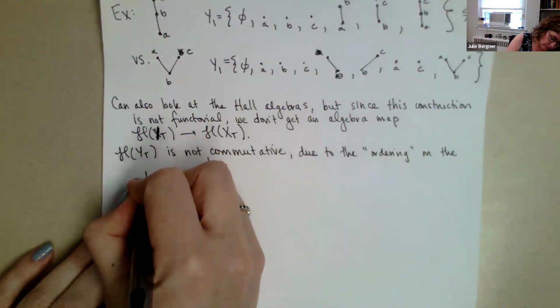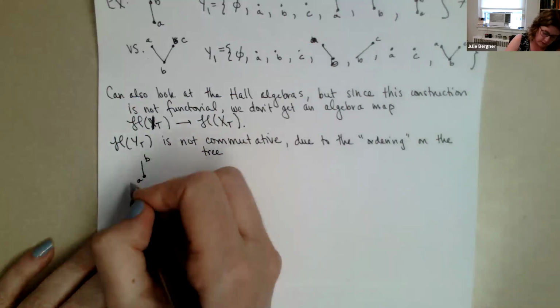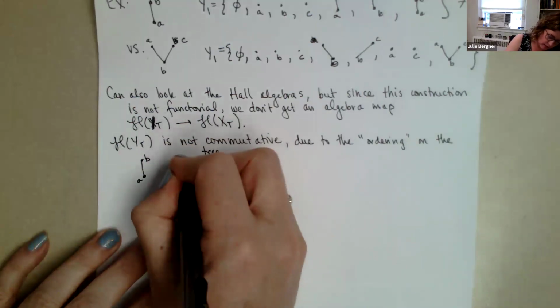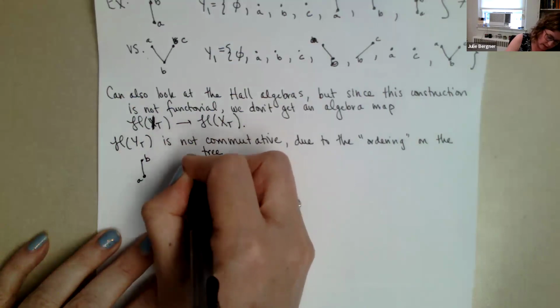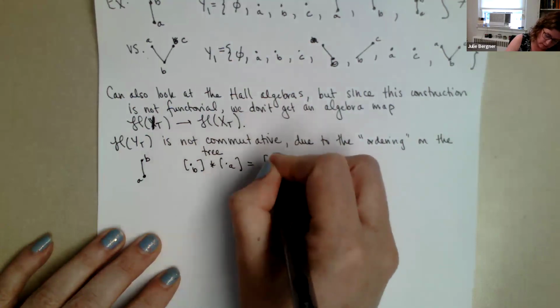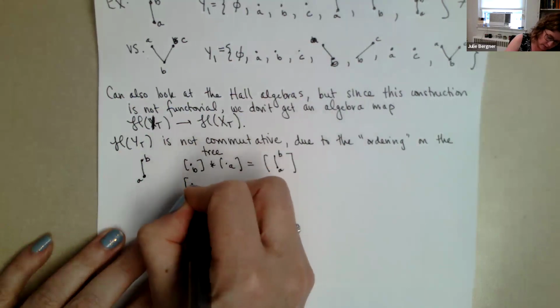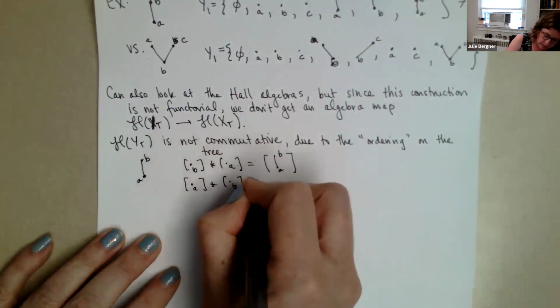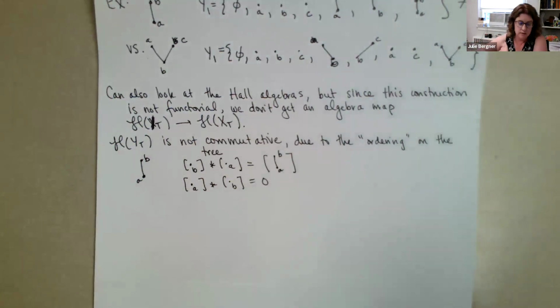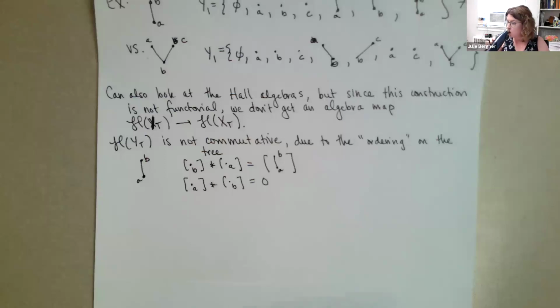So for example, if we just look at the tree with just this one edge from A to B, if we multiply B with A, then we would get the whole tree. But if we multiplied A with B, we get 0 because there's a directionality there. Okay. So that's just another kind of fun hands-on example.